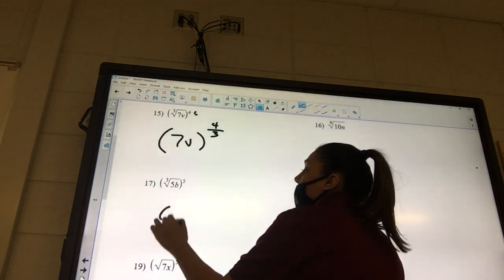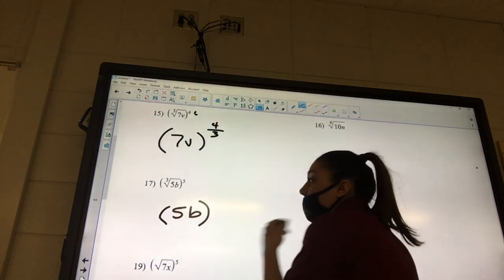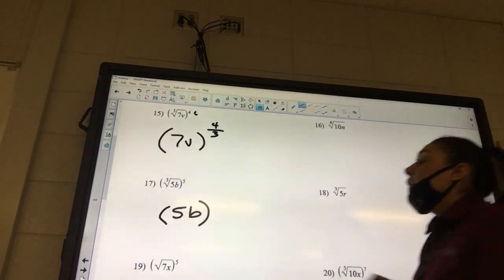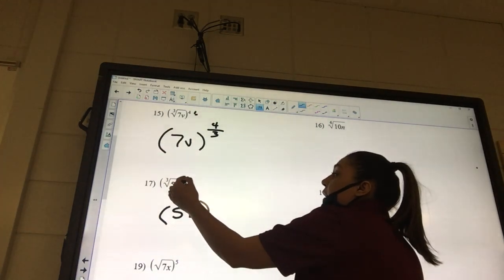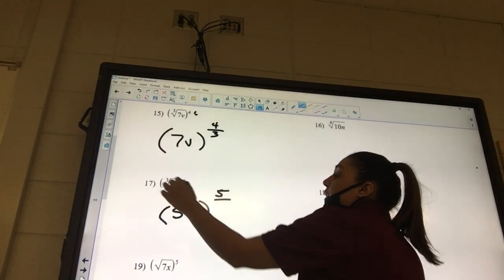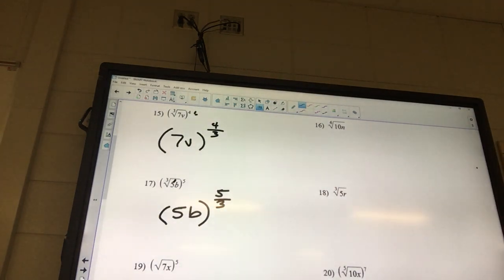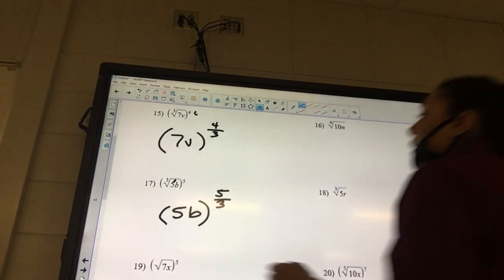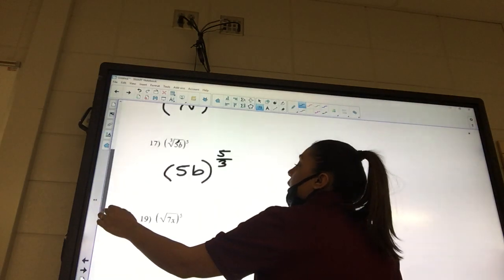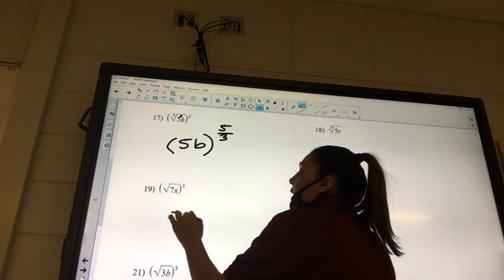Okay, we draw our parentheses. It's going to be the inside, which is the 5, over the outside, which is a 3. Okay, we got 7x.